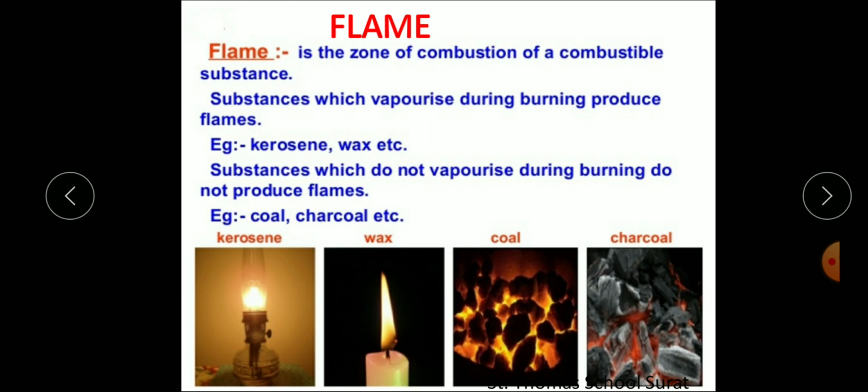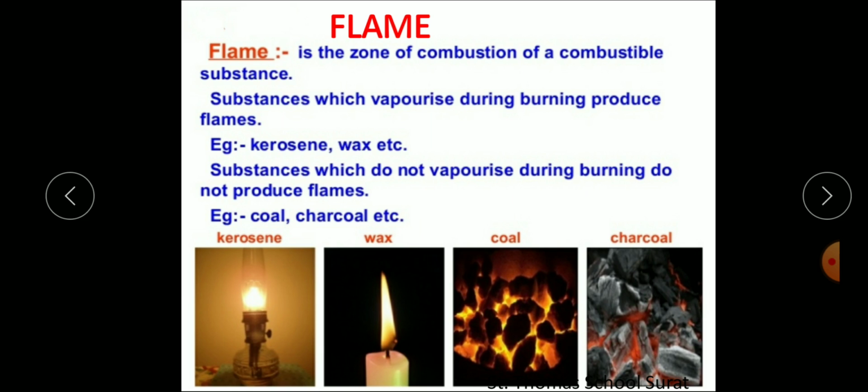Now substances which do not vaporize during burning do not produce flames. For that, you can write the example coal, charcoal and so on.